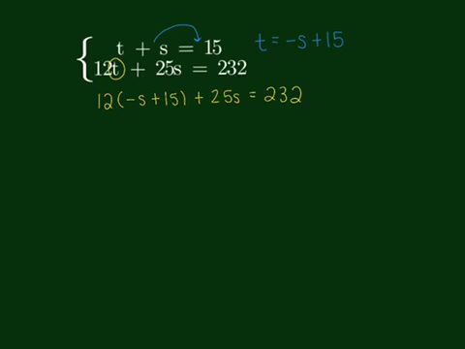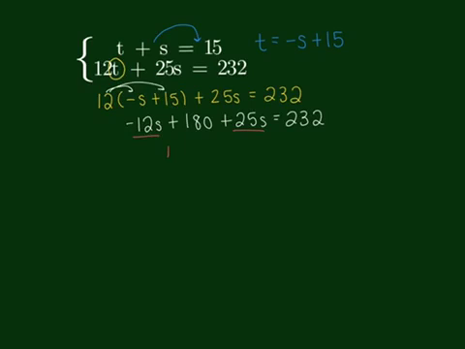232. Now I'm going to go ahead and distribute the 12 to everything. So negative 12s plus 180 plus 25s is equal to 232. I'm going to simplify here by combining my variables.